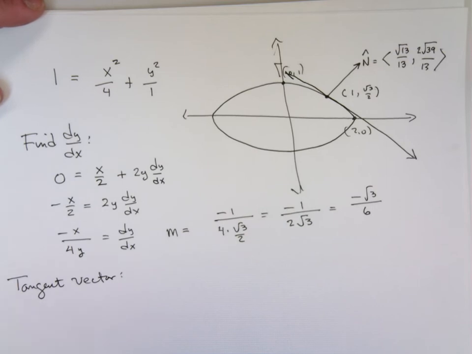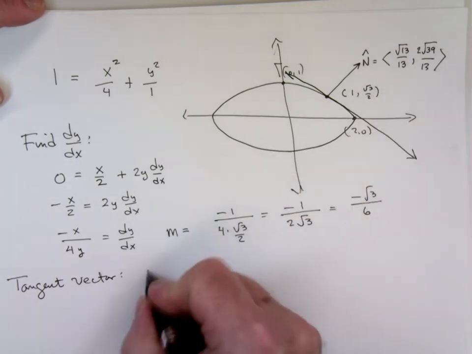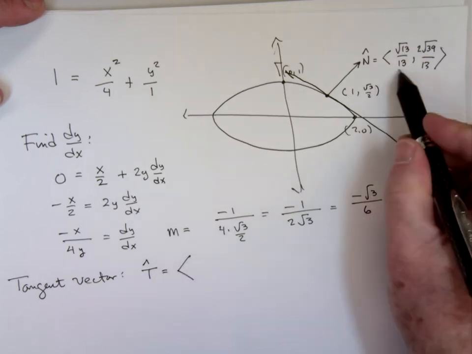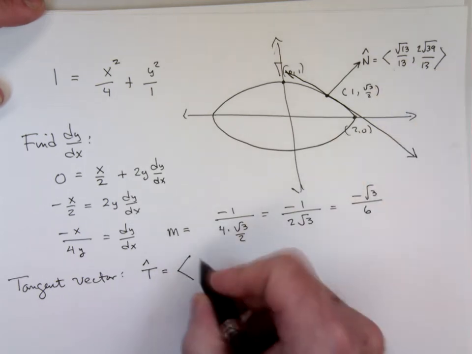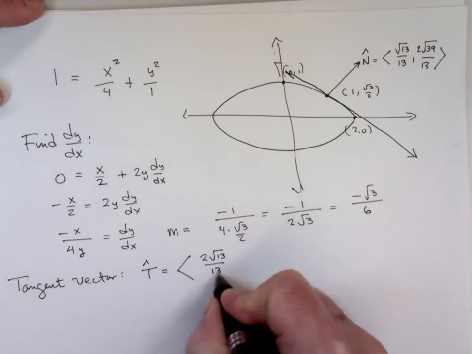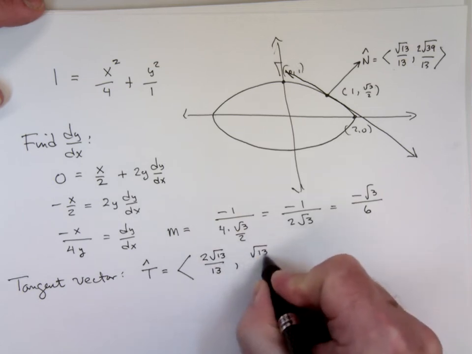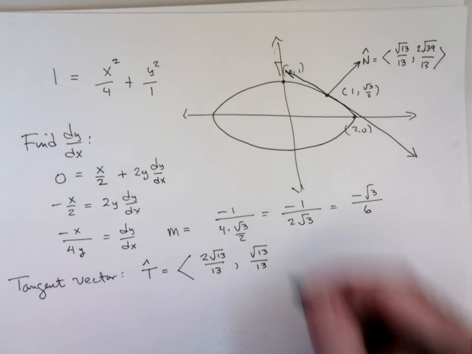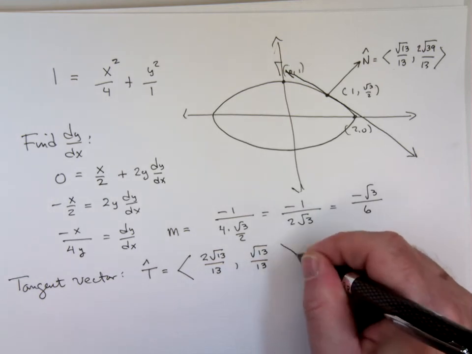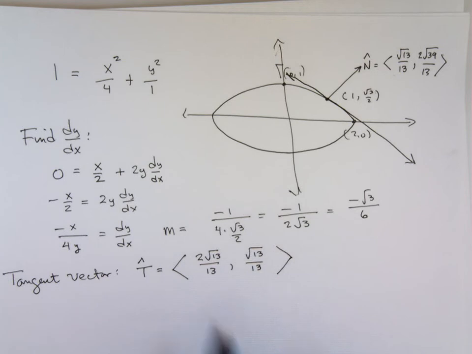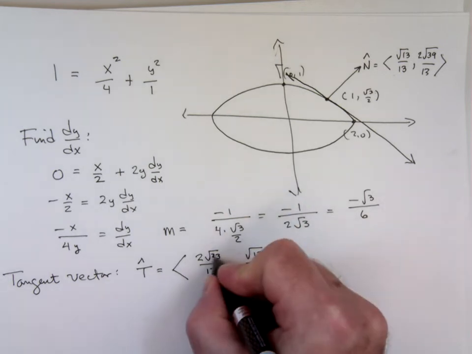We find the tangent vector by taking our unit normal vector, swapping the two, and then taking the opposite of one of them. I thought it was 2 radical 39. Oh, it is. Swapping the two. It is. Thank you very much.